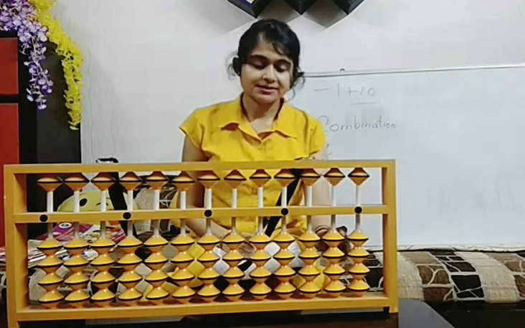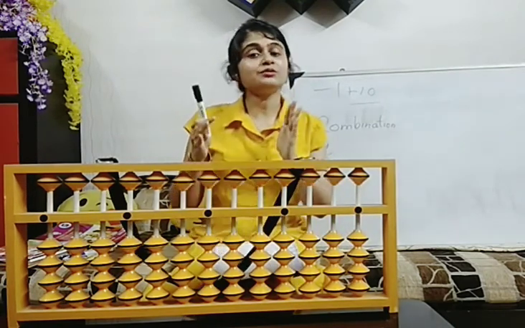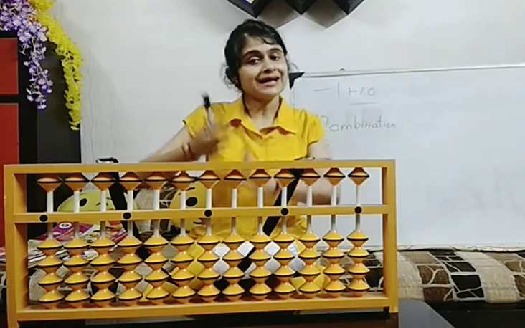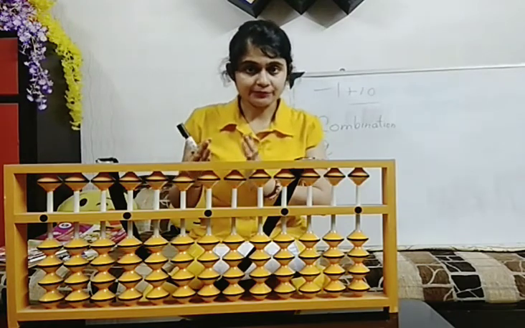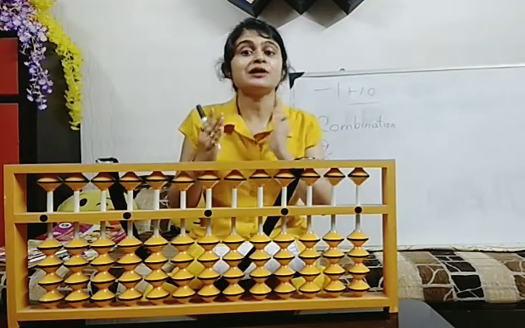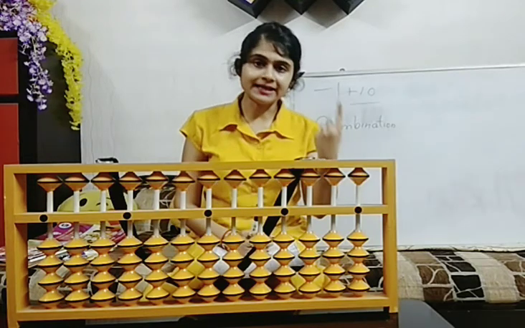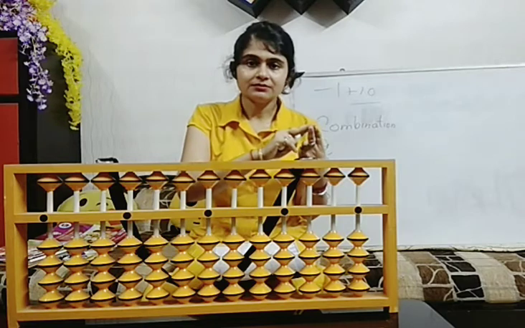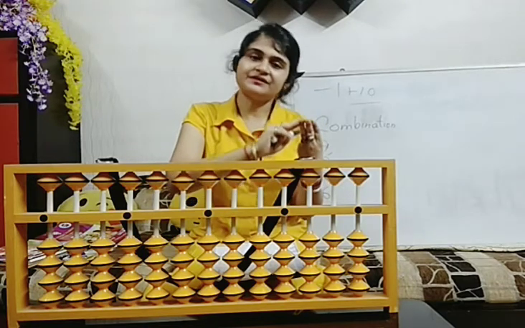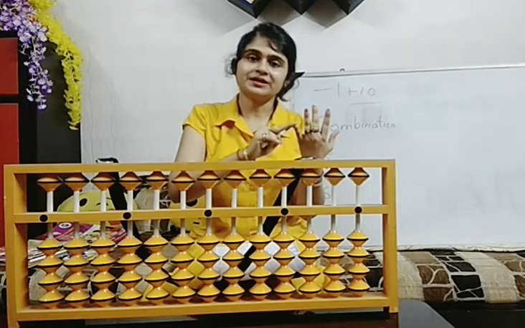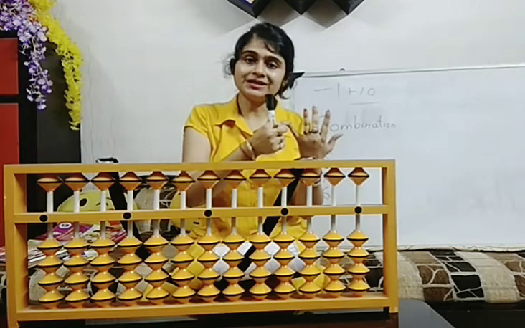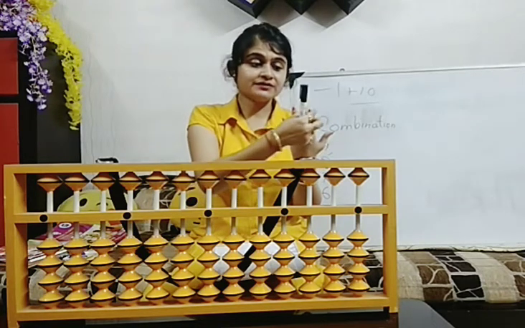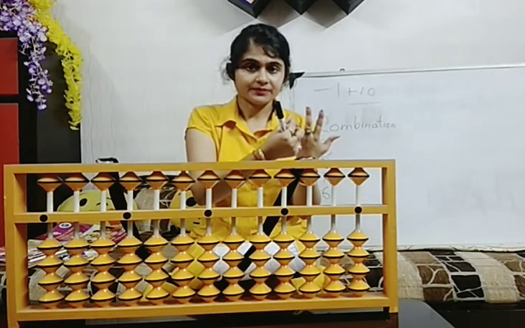Children, clear abacus. You need to keep in mind, now you are in 4 and 5, I am telling both the classes. Now, you have crossed how many levels? You have done direct, then you did small friend, then you moved to big friend. Now you are doing combination. So, when you are doing combination, it doesn't mean you will leave these 3.